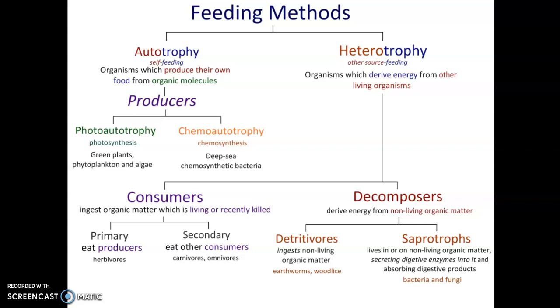Some organisms are carnivores, some are strict carnivores, some not so strict. And then we have the herbivores that eat plants. So the consumers and the decomposers make up heterotrophs. And then on the autotroph side, again, we've got our photoautotrophs, green plants, phytoplankton, algae, like the classics. And then we've got this special class here, these chemoautotrophs, like these chemosynthetic bacteria at these deep sea vents.